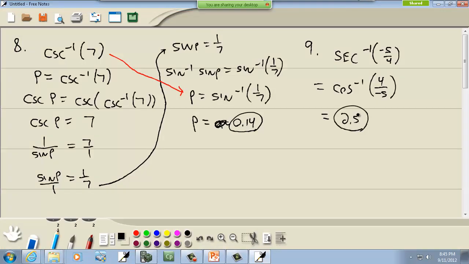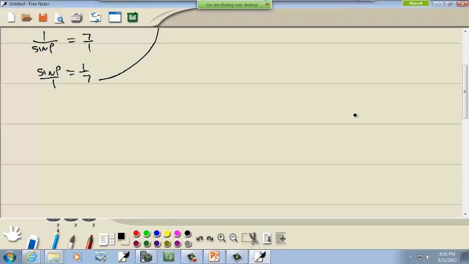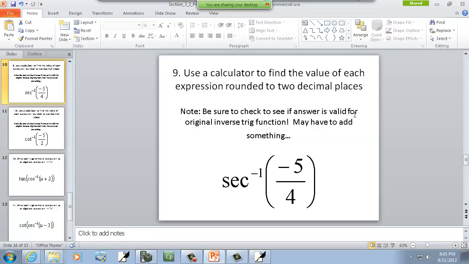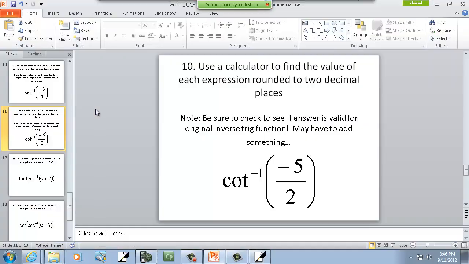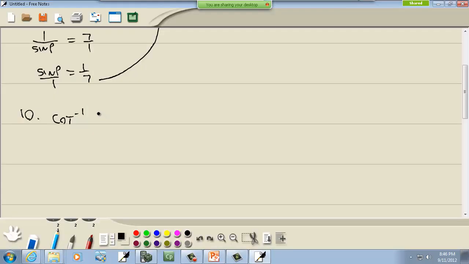Now this last one's kind of a little bit of a trick, calculator-wise. And you oftentimes see this with inverse cotangent. So we've got inverse cotangent of negative 5 over 2. Okay, it doesn't change. It's still the corresponding inverse trig function. And this becomes negative 2 over 5.